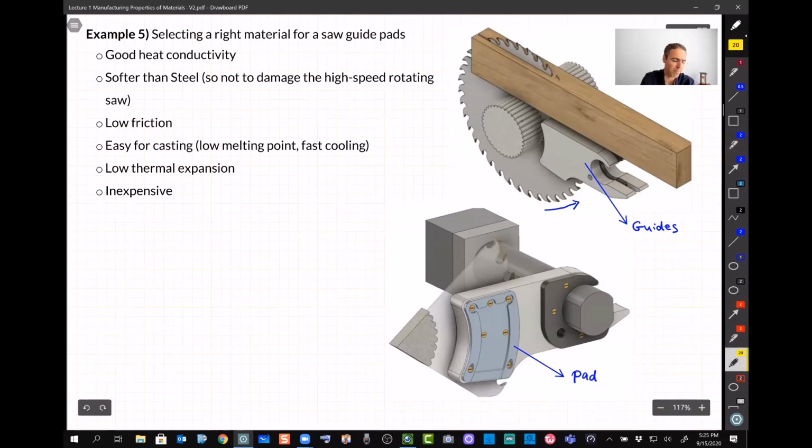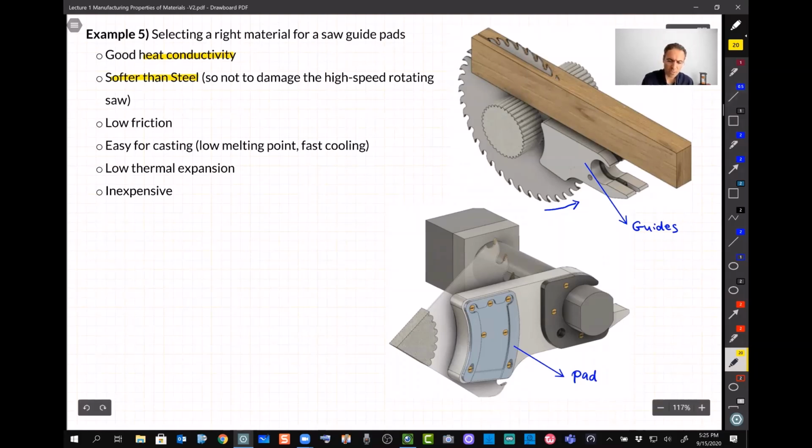So what do we want from this part, or what property of the material should we pick for this application? Well, first of all, we want it to have very good heat conductivity. We don't want it to hold heat. Otherwise, the saw is going to get hot and it's going to dish and get damaged and cause a lot of problems for us. And also, we want this material to be softer than steel, because steel is going to be in contact with this material.